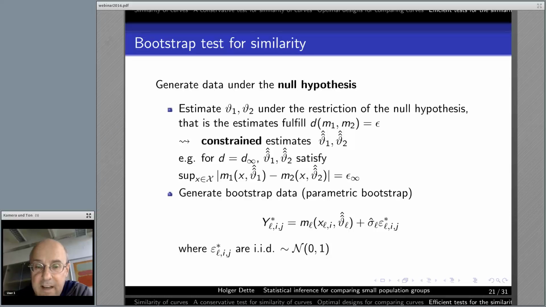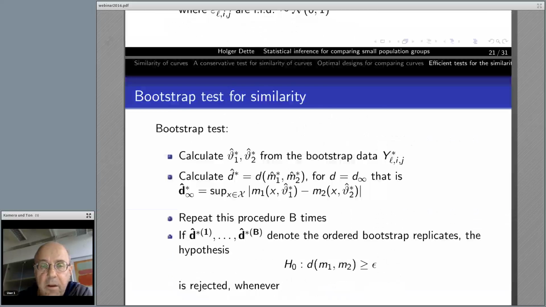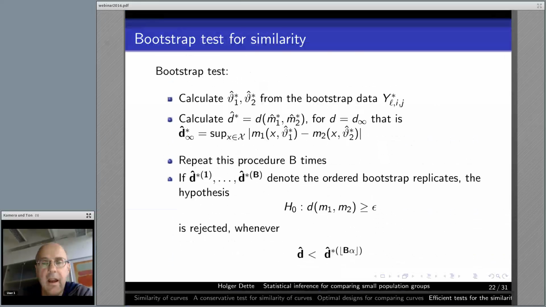Okay, and if we have these estimates, this is actually not so easy, but it's doable. Then we generate bootstrap data with a parametric bootstrap. We estimate the variance, we generate normally distributed responses, and then we generate bootstrap data under the null.